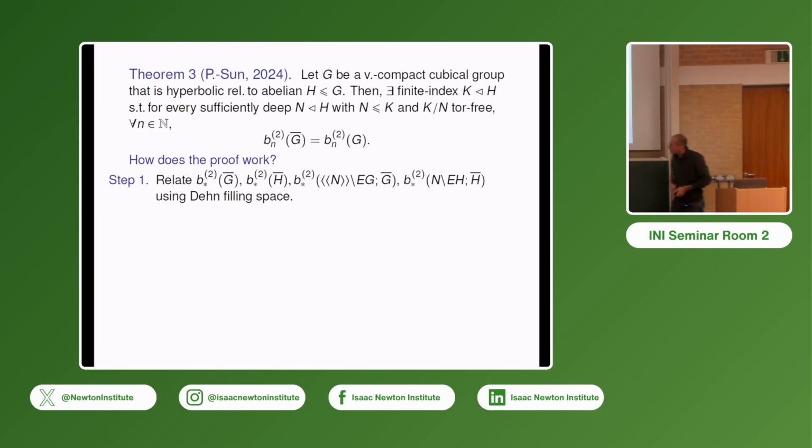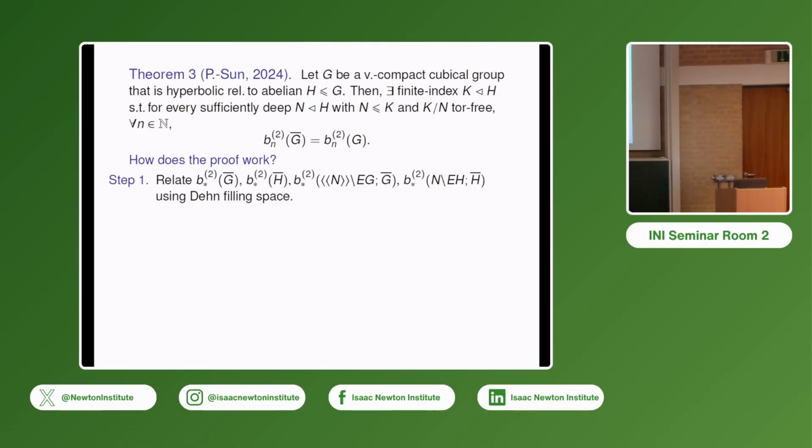And H bar is H mod N, so it acts on EH mod N, right? So we have these L2 Betti numbers, and in the first step, we're going to get an inequality between these L2 Betti numbers, a certain inequality.